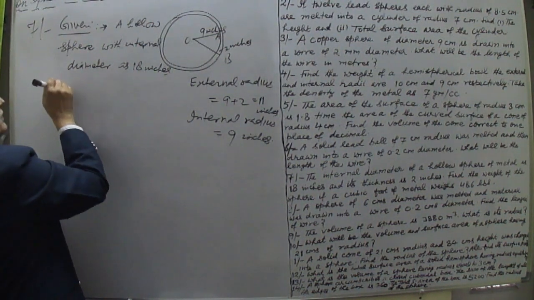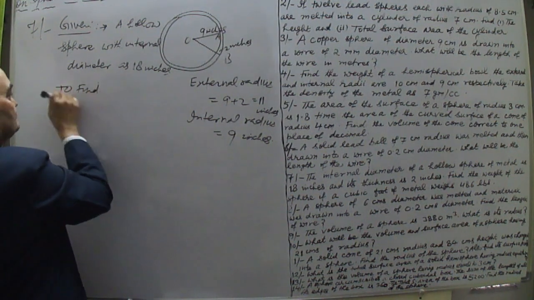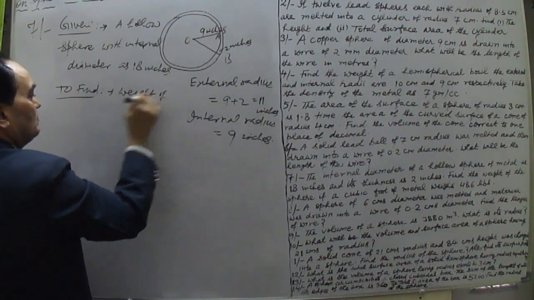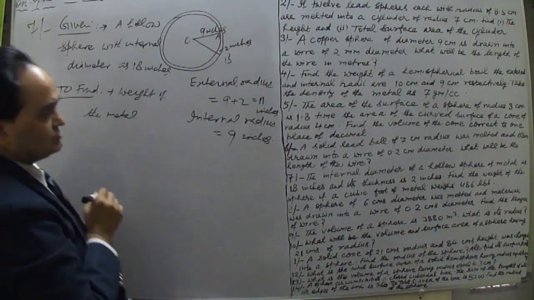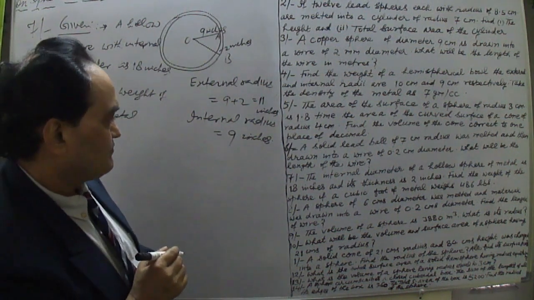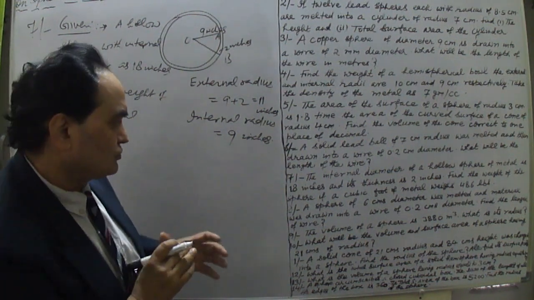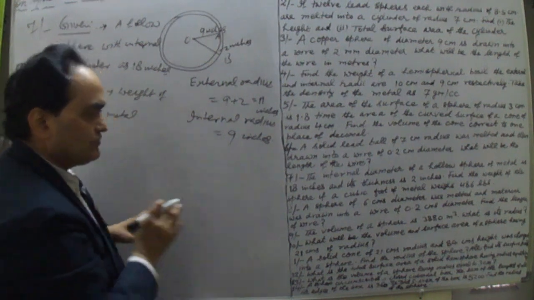We have to find the weight of the metal in the hollow sphere, the weight of the metal which is used to form this hollow sphere. Find the weight of the sphere if a cubic foot is given.